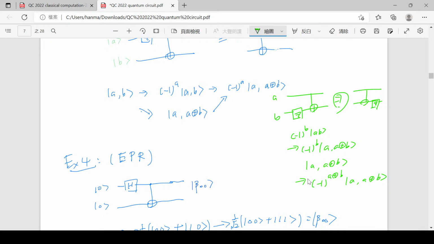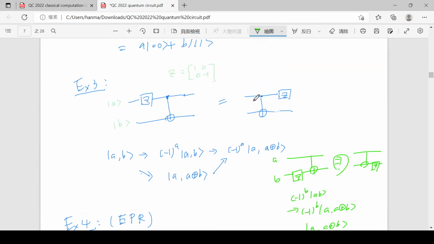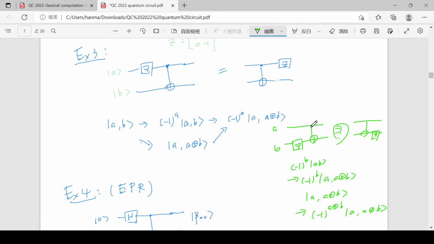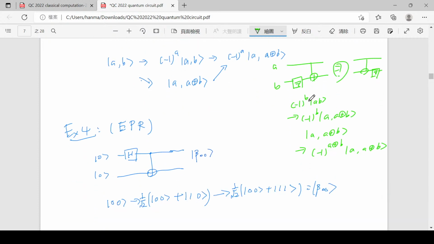Because one of them has phase B and one of them has A plus B, so the phase is different. And a different phase actually gives a different gate, because we are thinking of these as small parts of the circuit, and this might be entangled with other things, so the phase here is actually important.